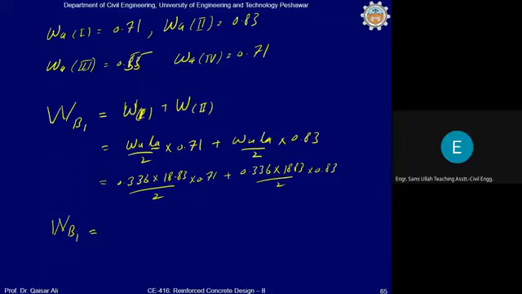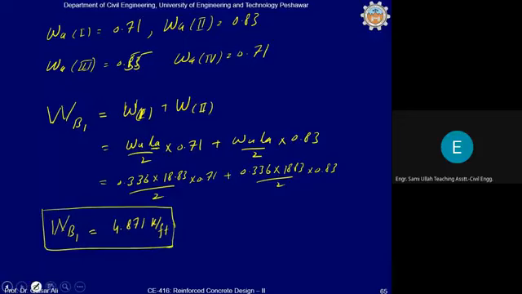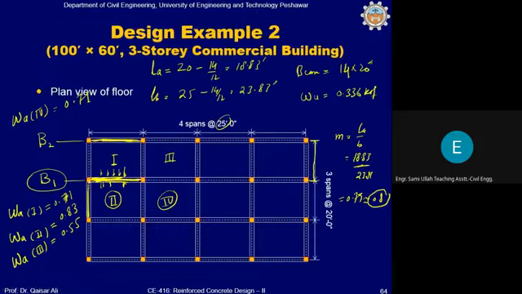Load acting on B1. 4.871 kip per foot. This is the load acting on exterior span of B1.